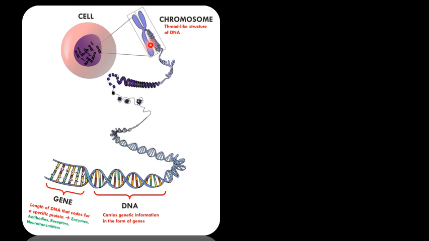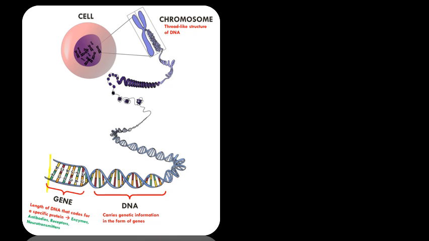This chromosome, as I told you, is condensed and packed very tightly, and this condensed material is actually DNA. So what do we call DNA? Deoxyribonucleic acid. And this DNA is wrapped around proteins and forms chromosomes. When you observe the DNA a little closer, you can find certain specific portions of DNA.